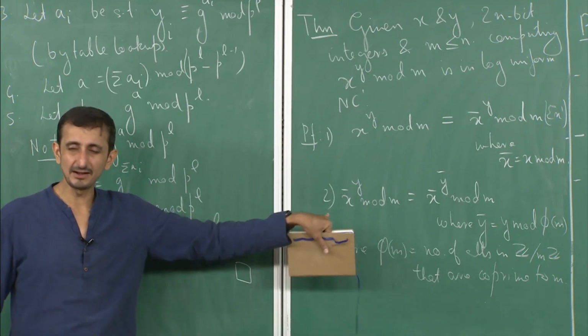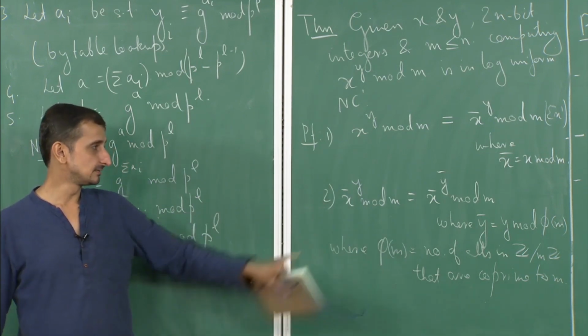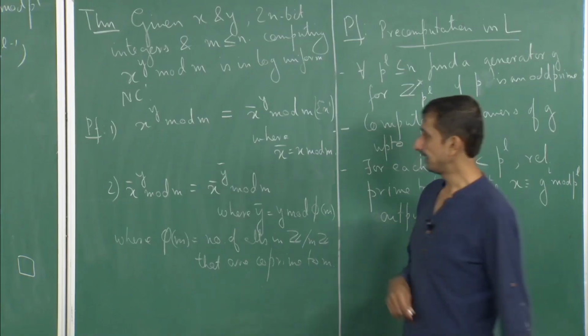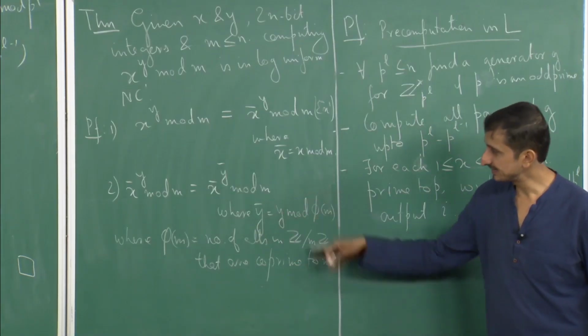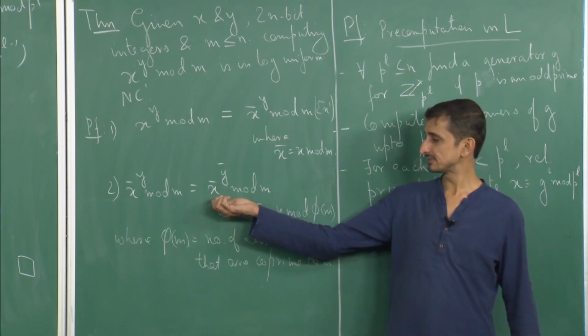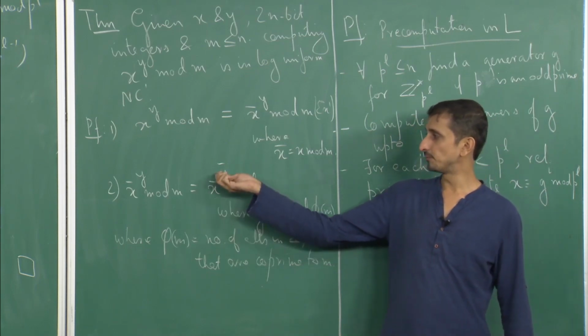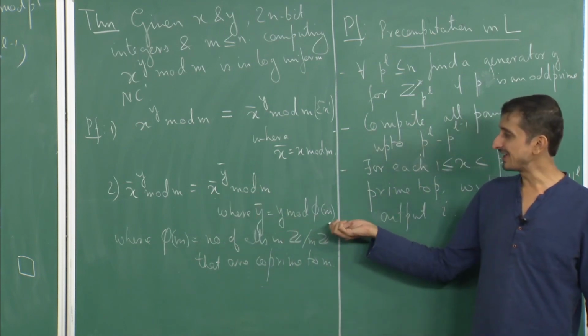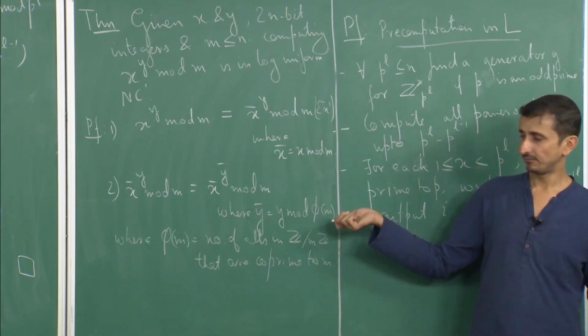1 is very easy, 2 is a little bit more work, but it is also an easy exercise in group theory. And once you have verified this, essentially what the problem boils down to now is computing x bar to the power y bar, where both these numbers are very small. Again, observe that phi m is even smaller than m, right?